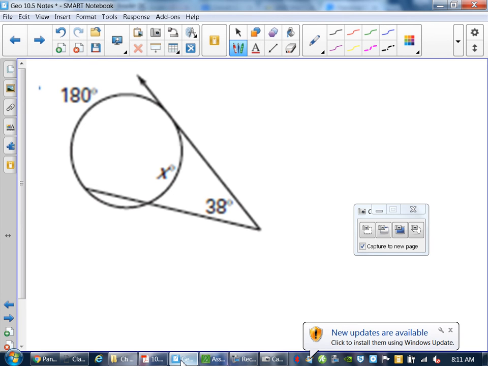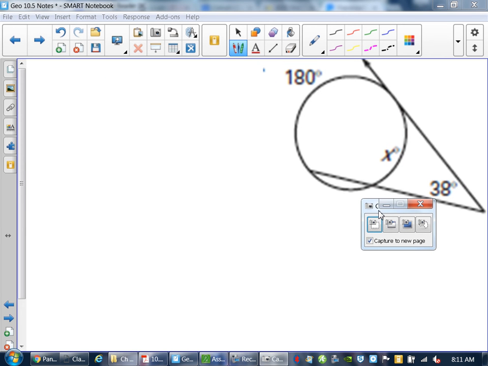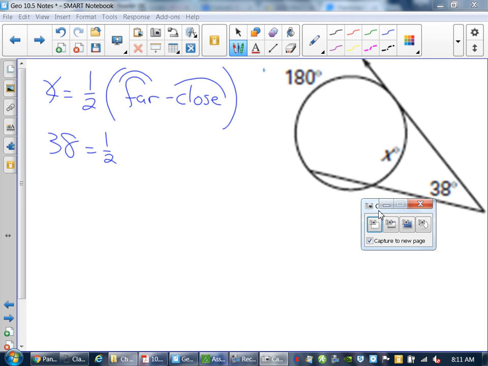We write it out. We know that this is going to be angle equals half the far minus the close. Well, what's your angle? 38 is half. What's the far? 180 minus the close. Well, in this case, I don't want to distribute the half, do I?